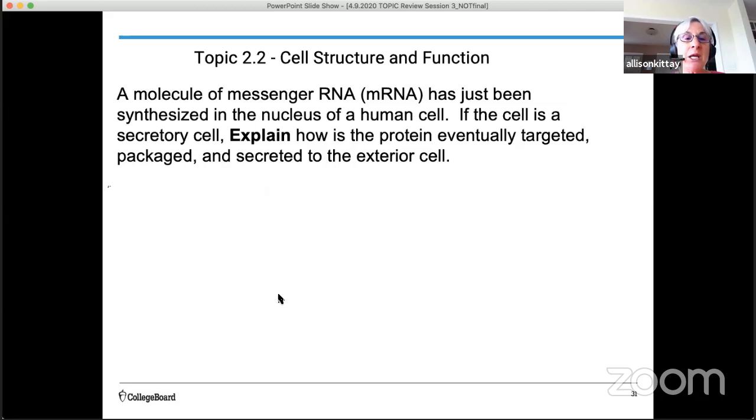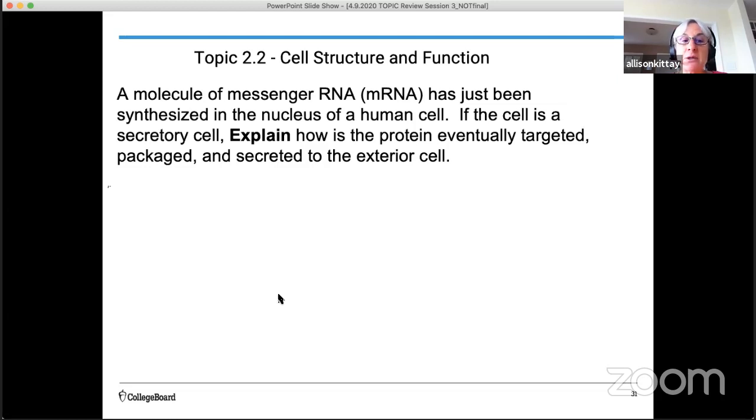The next one is going to ask you about the concept of protein production, modification, and export. So this question reads, a molecule of messenger RNA, which is abbreviated mRNA, has just been synthesized in the nucleus of a human cell. So that should give you a hint about what kind of a cell we're dealing with, i.e. eukaryotic.